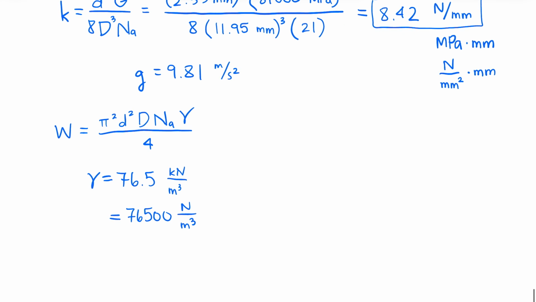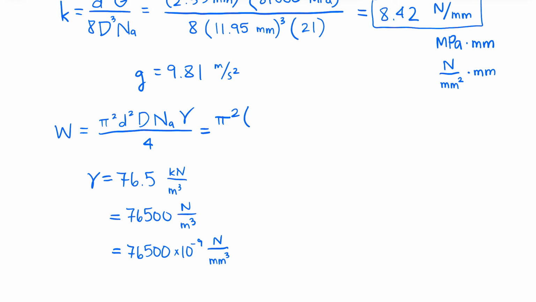And now I'm doing all this work to get everything in newtons and millimeters. So now I can multiply this 76,500 by 10 to the negative 9 to get newtons per millimeter cubed. Okay, so this is just unit conversions to make sure that everything is in consistent units when we plug it in.